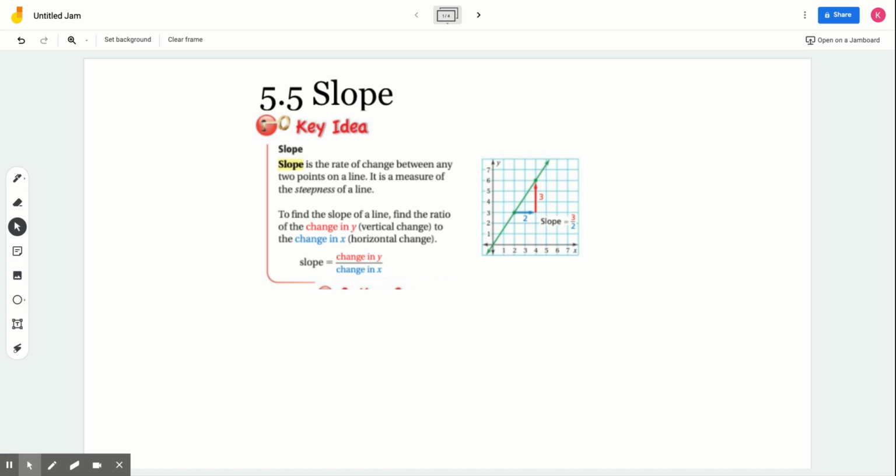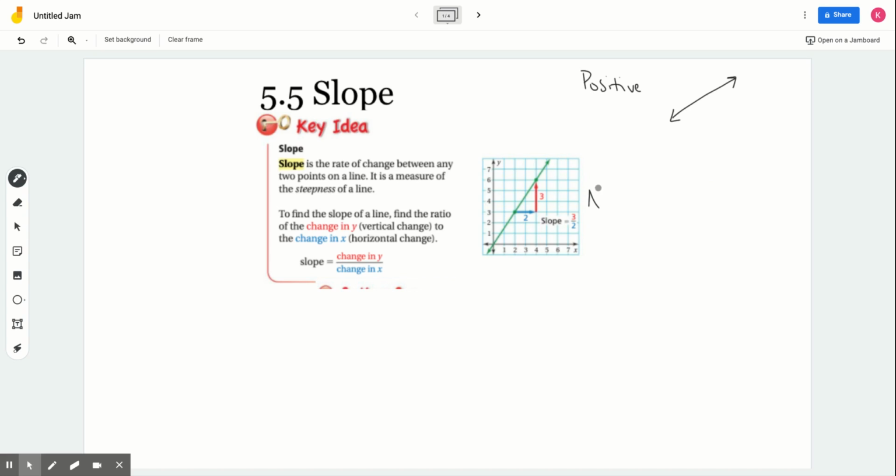So when we're talking about the steepness of a line, we're talking about how fast it climbs or how fast it falls. When we are talking about a line with a positive slope, the line moves in the upward direction from left to right.